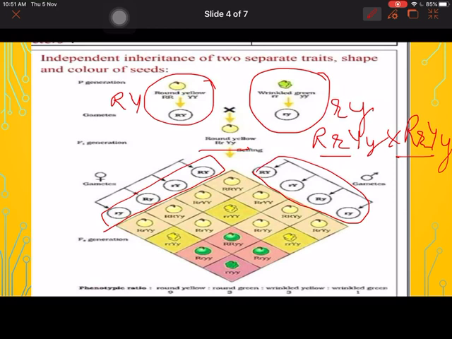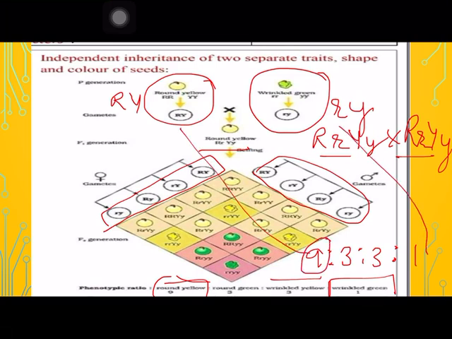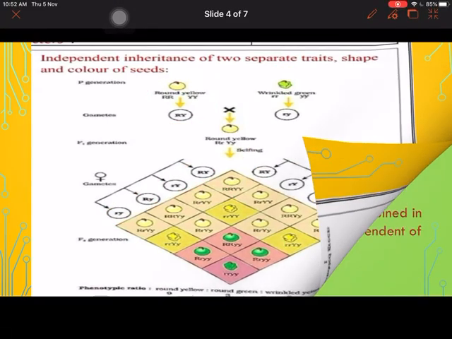When these gametes are crossed, we'll get this result: 9 round and yellow, 3 round and green, 3 wrinkled and yellow, and 1 wrinkled and green. In this 9:3:3:1 ratio, 9 are just like the dominant parent and 1 is just like the recessive parent, but 6 progeny in between are recombinants. That means round is with green and yellow is with wrinkled. So this is how the law of independent assortment is explained.